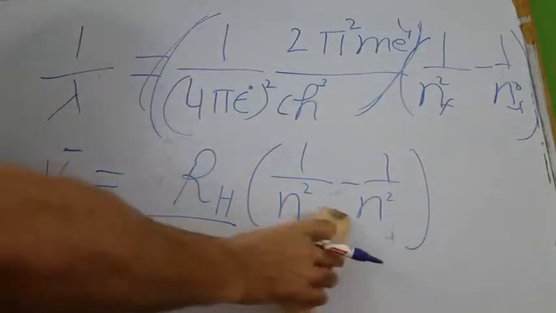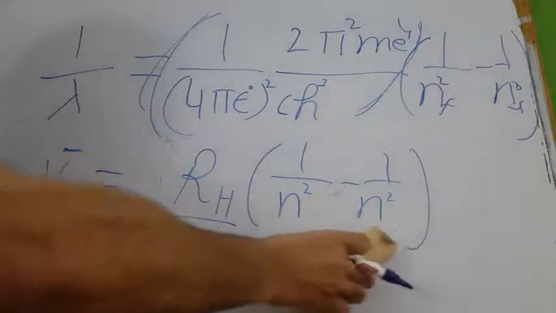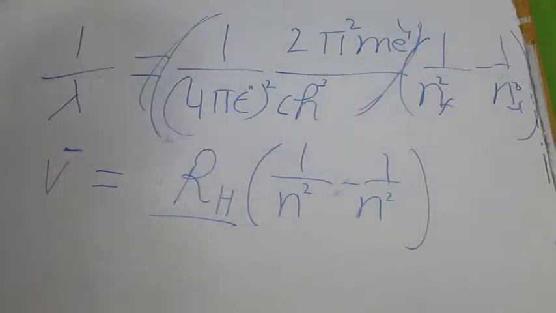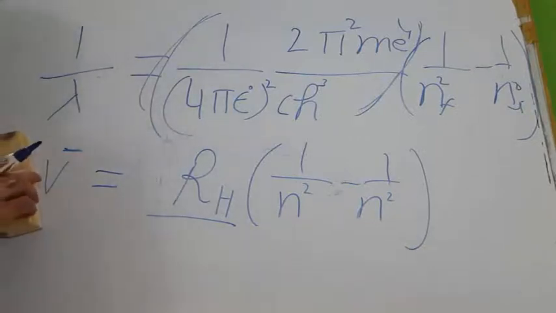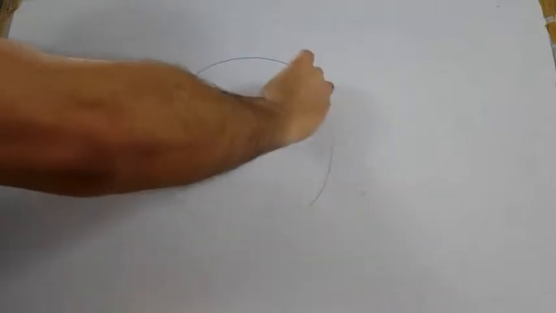Therefore, through Bohr's model we can calculate the different photons emitted during different transitions of the electron in the hydrogen atom. Bohr could therefore explain the hydrogen spectrum.